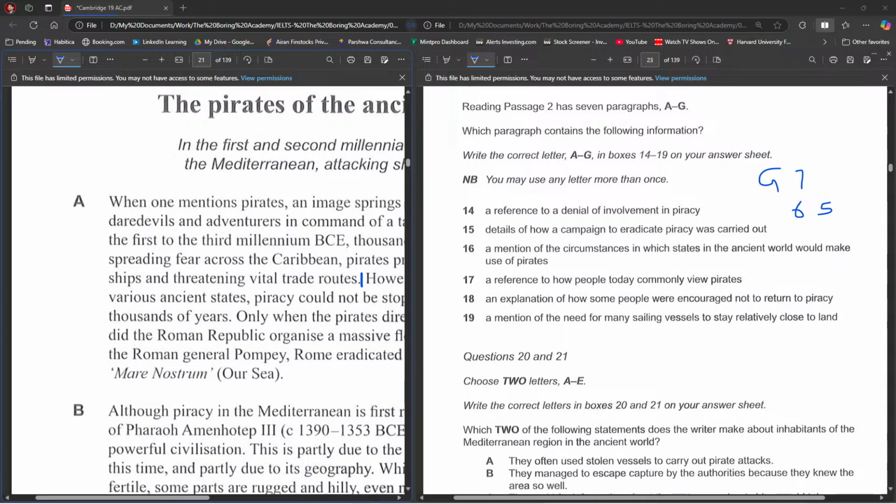No. Okay, perfect. So this is not the right answer. This is not the right passage.